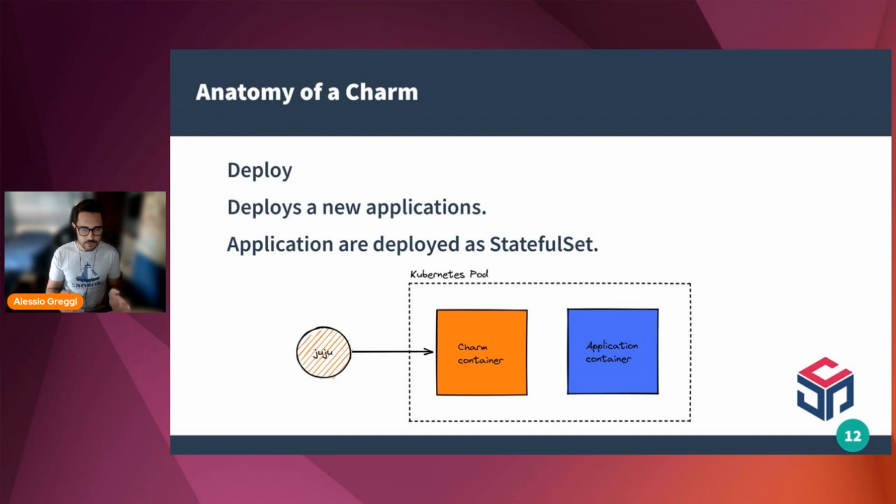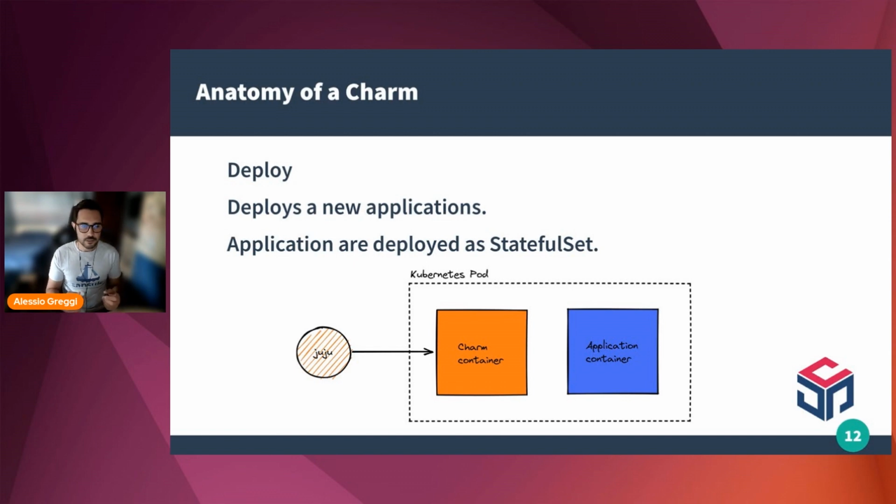So when you create a deployment inside Kubernetes, you are creating a Kubernetes pod that has at least 2 containers. And the first container is the Charm container, that is the code that you write in order to manage the application.